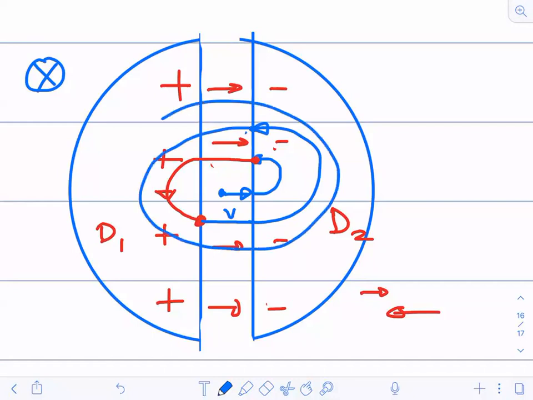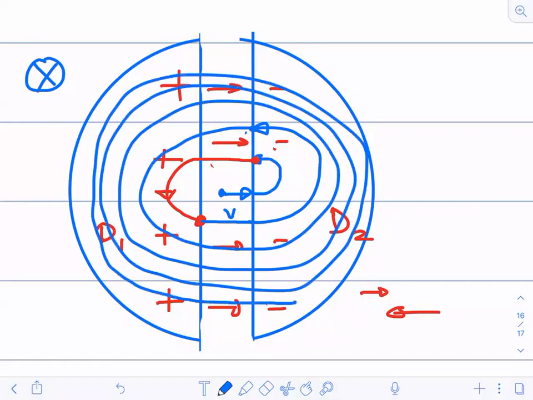It can attain a maximum radius equal to the radius of the D, and then it will be ejected out. This is how this complete thing functions.